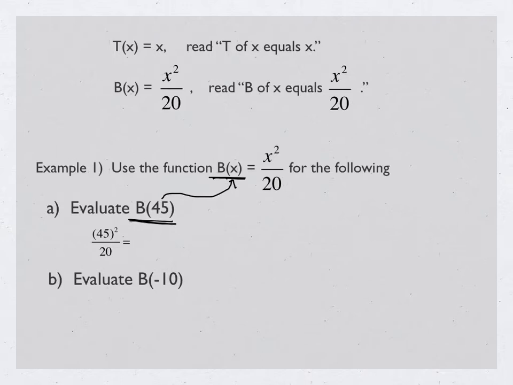So what that wants you to do is literally put the 45 in place of the x in the equation part of the function. That's telling you take your x and replace it with a 45. And so you'll see that's what I did right here. I took that x squared over 20 and I just put a 45 in place of the x. And then that I can just type straight into a calculator. 45 squared over 20 is equal to 101.25.